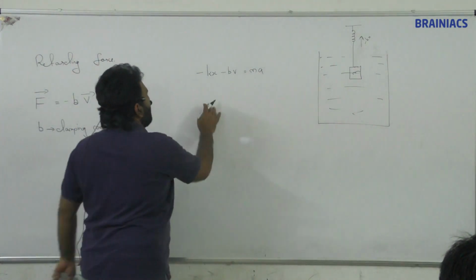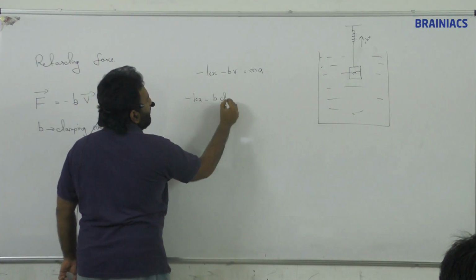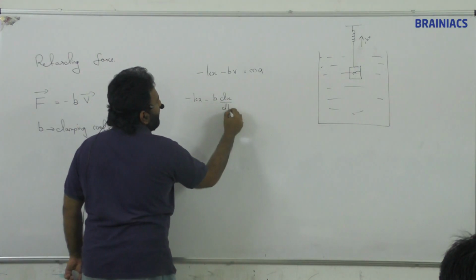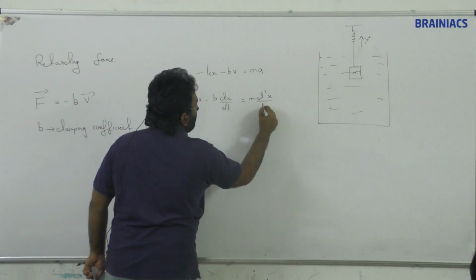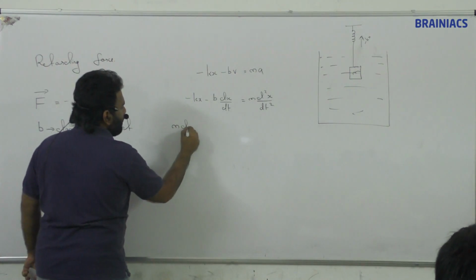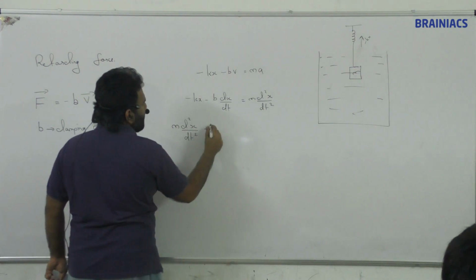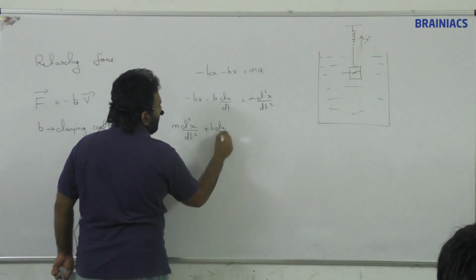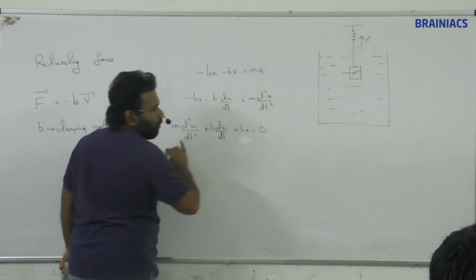Clear? Now see, can I write v is equal to dx by dt, and ma is equal to m into d square x by dt square. So m into d square x by dt square plus b into dx by dt plus kx is equal to 0.